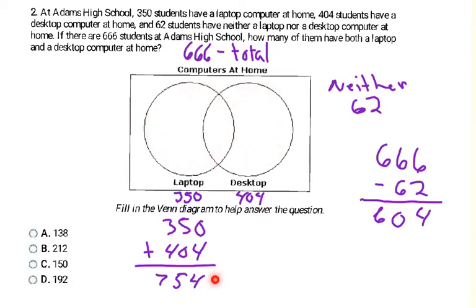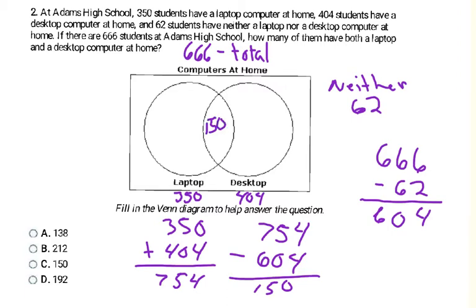So this counts an overlap. To get rid of that overlap, I'm going to subtract 754 minus 604. When I do that, it's going to be 150. So that means there are 150 that have both a laptop and a desktop at home. So my answer is going to be C.